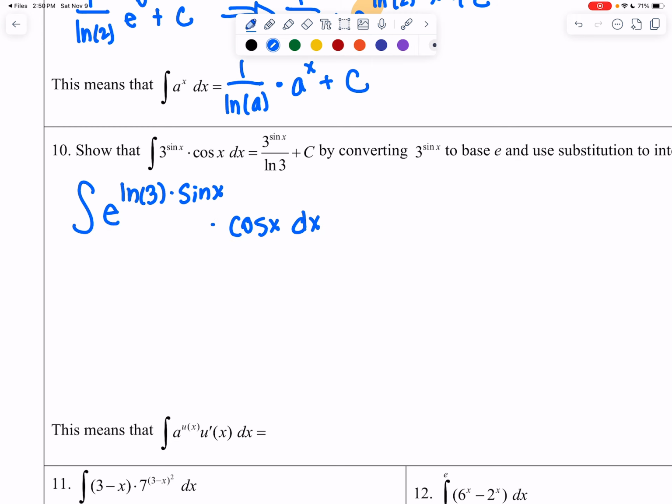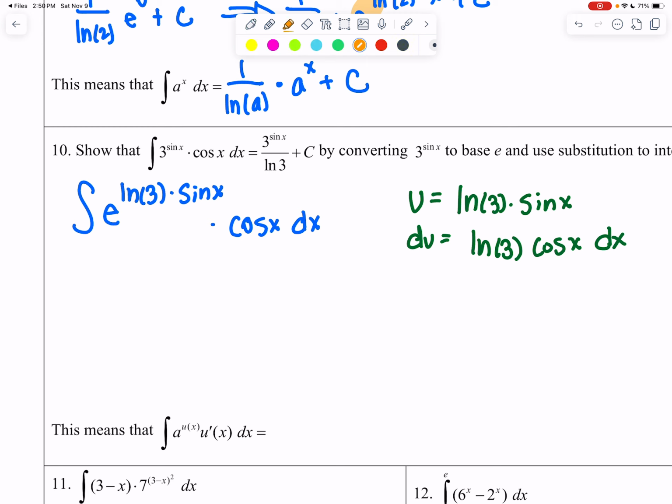All right, so now I'm going to set u to be my exponent, so ln of 3 times sine of x, which means that du is going to be ln of 3 cosine of x dx, which should be a good reference because now your cosines are going to cancel out. And then you're just left with 1 over ln of 3 e to the u du.